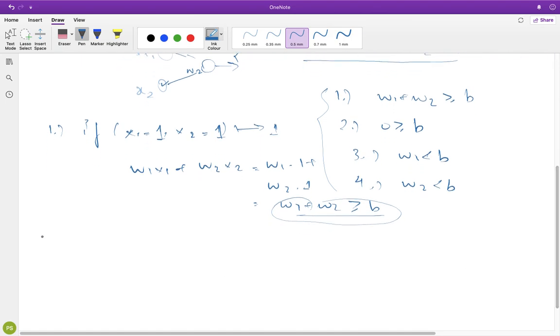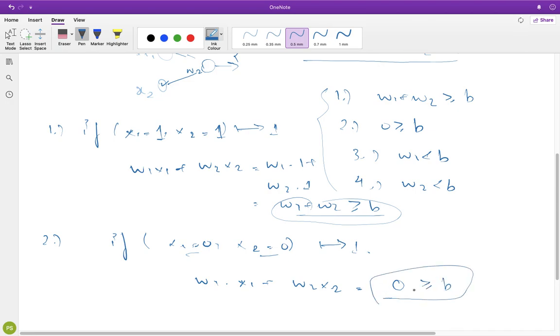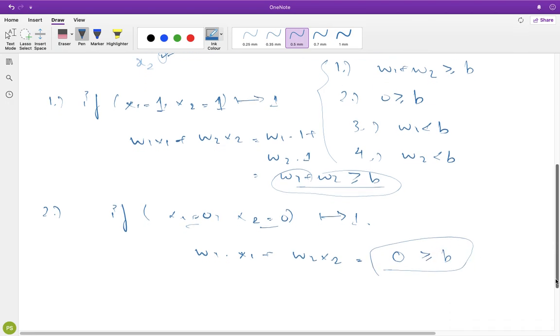Looking at the second inequality, it holds since if we have x1 equal to 0 and x2 equal to 0, this produces an output of 1. So we can get 1 as an output only if w1 times x1 plus w2 times x2, which is 0 since x1 and x2 are 0, is greater than or equal to b. So here is our second inequality.